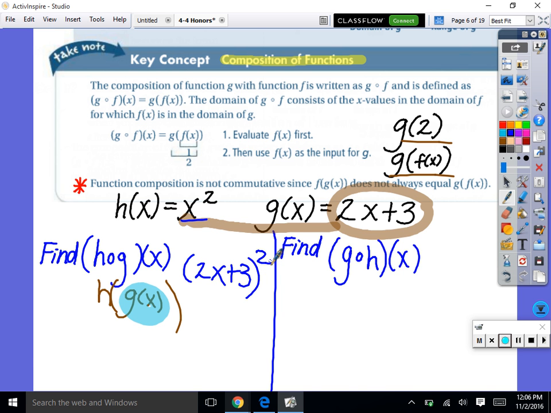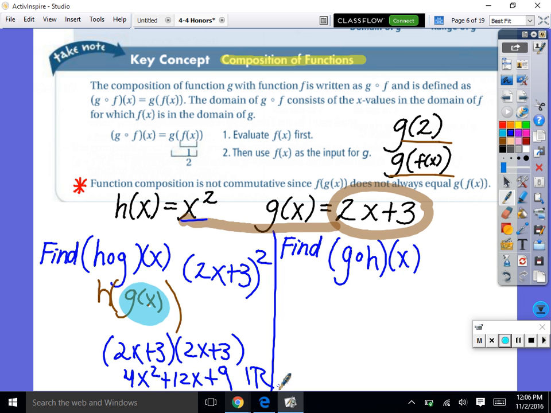You see how we replaced x with g of x. We just composed function h of function g. Now we could simplify that. So that's (2x plus 3) times (2x plus 3), which is 4x squared plus 12x plus 9. And domain is all real numbers, correct? No problem areas. Okay, questions?